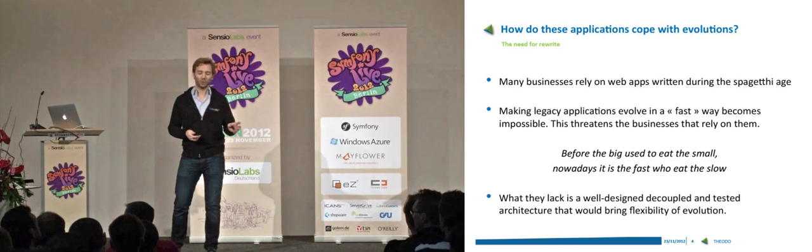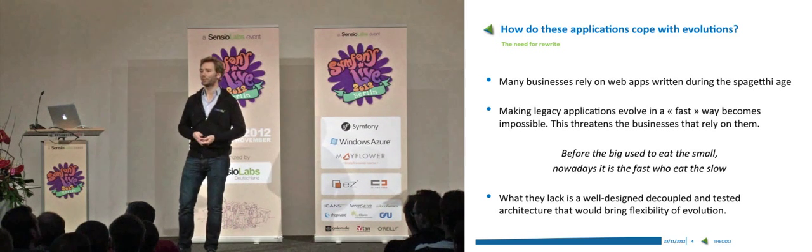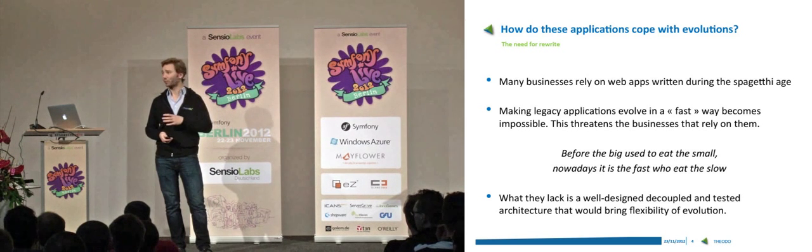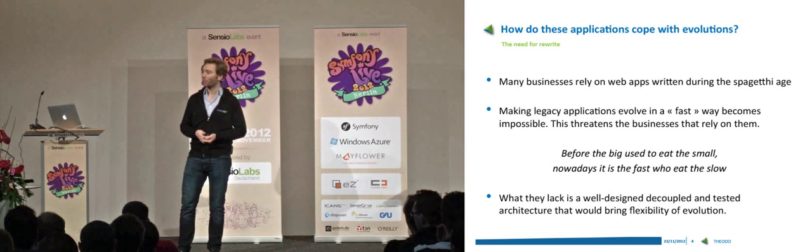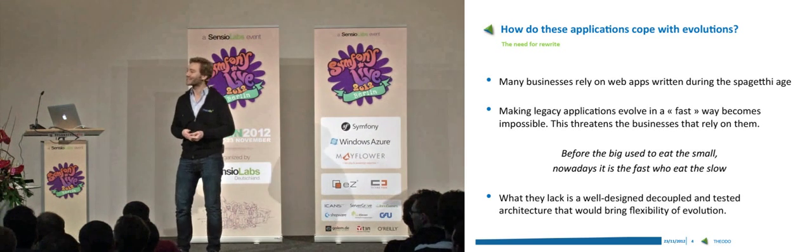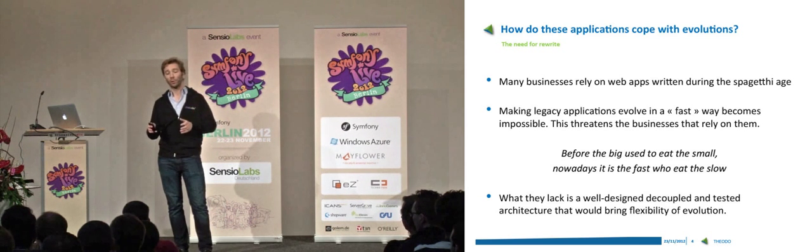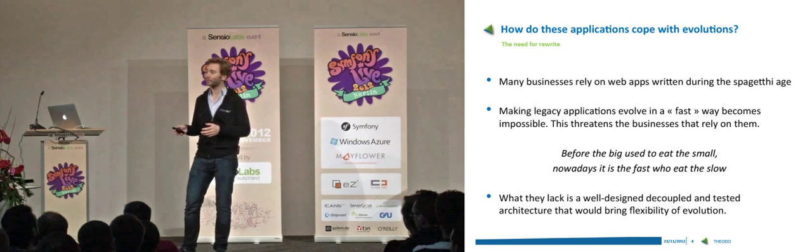But what brings them to actually want to modernize them, they also feel the need for that, is that they need to evolve. I was at a business conference recently where somebody said something quite well, so I'm quoting him, anonymous guy, because I don't remember his name: before, the big used to eat the small, and nowadays in the new economy, it's the fast who eat the slow.